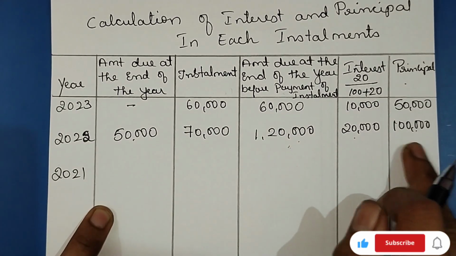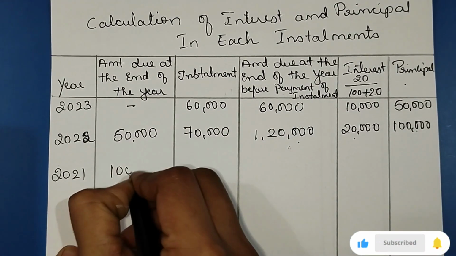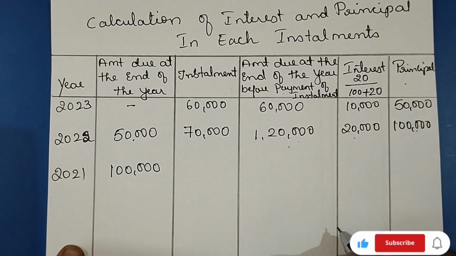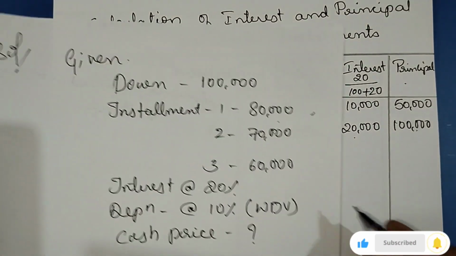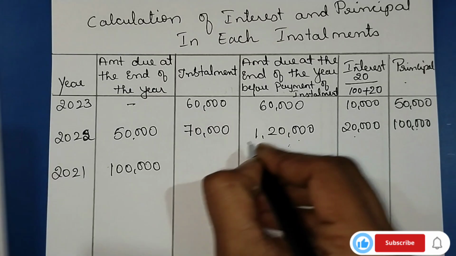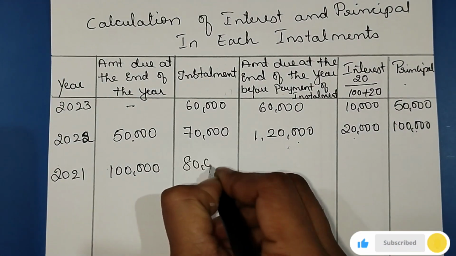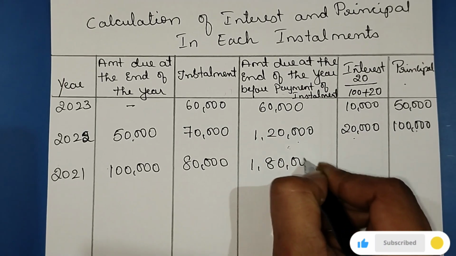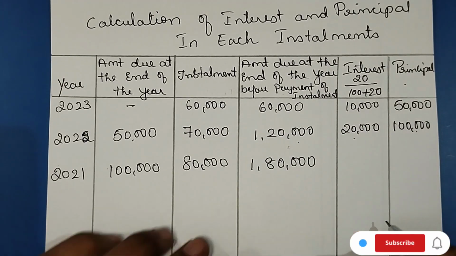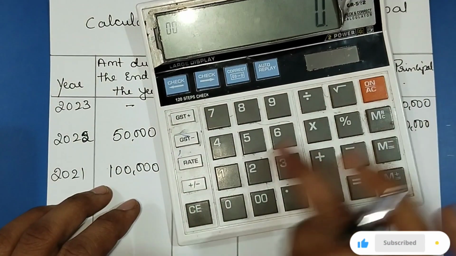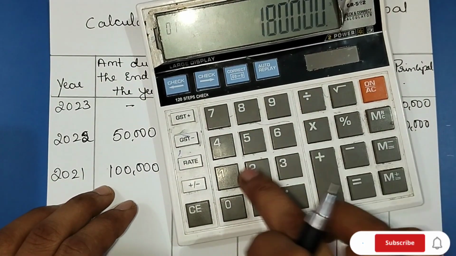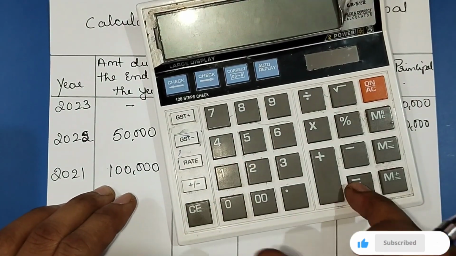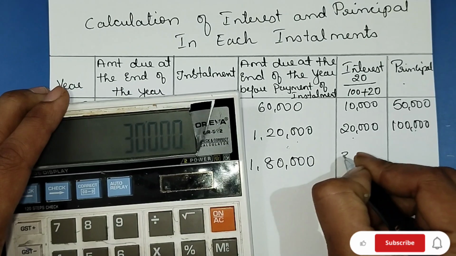Amount due is the principal amount, 1 lakh. And the first installment amount is rupees 80,000. 1 lakh plus 80 is 1,80,000. On 1,80,000, 1,80,000 into 20 divided by 120 is 30,000 interest.